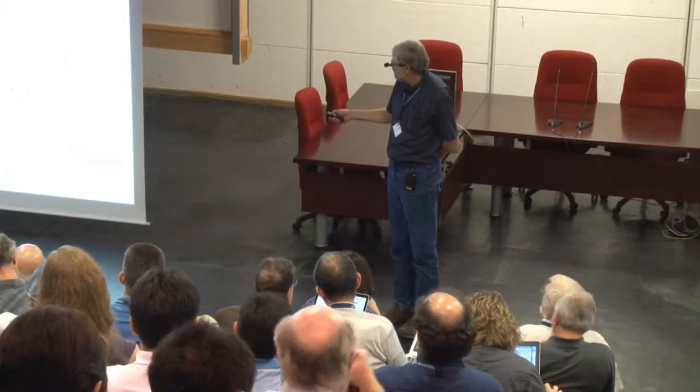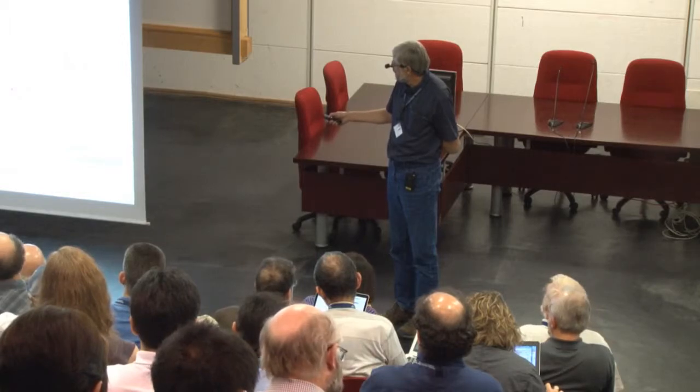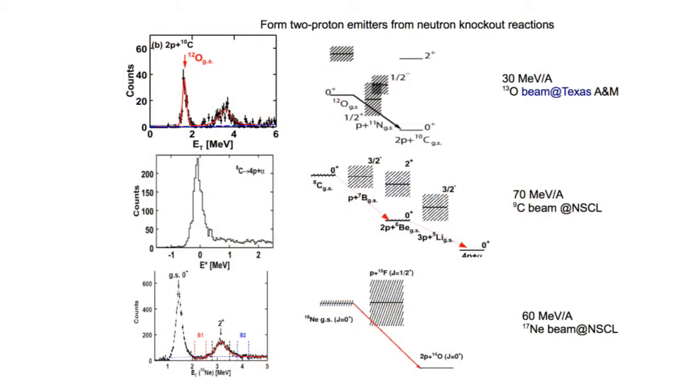This is oxygen-12. We made it from an O-13 beam and knocked out a neutron. You see the ground state and excited state, and here is the decay scheme, and you can see a large proportion of the intermediate state is accessible, but it's very wide. Here is this carbon-8 I mentioned.